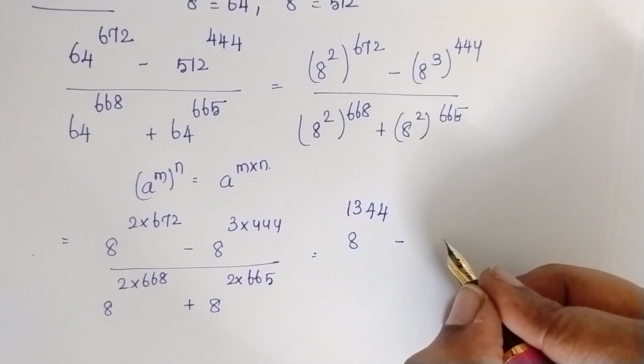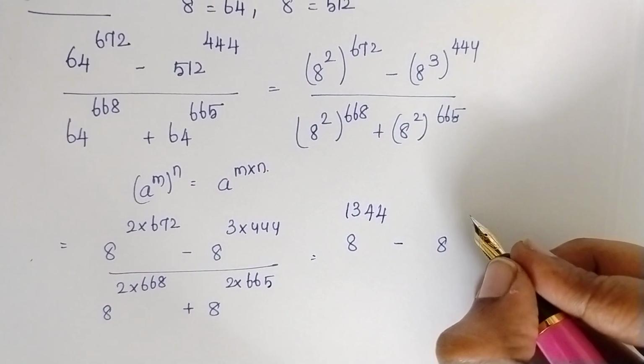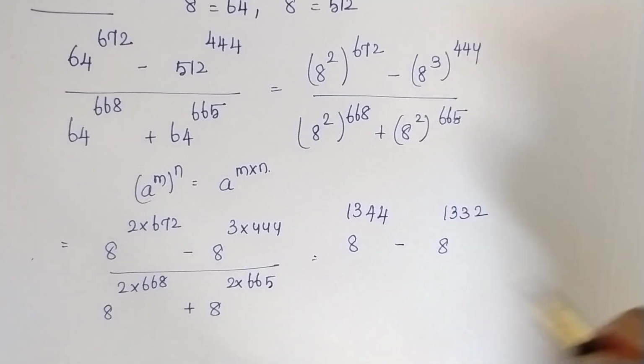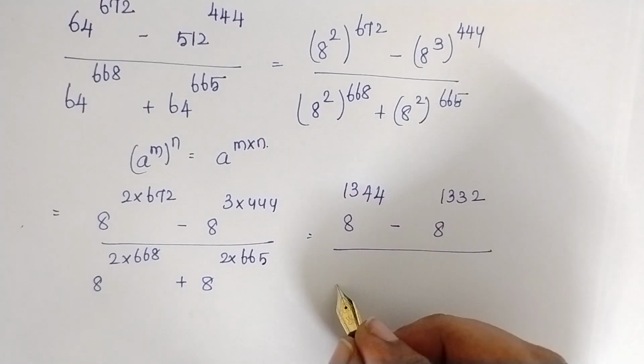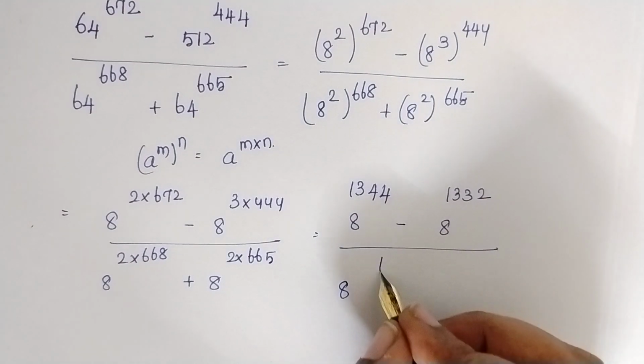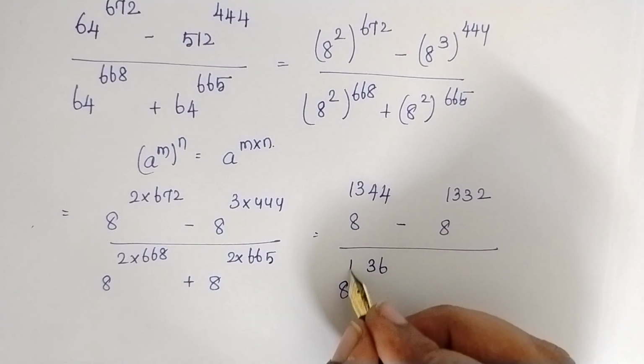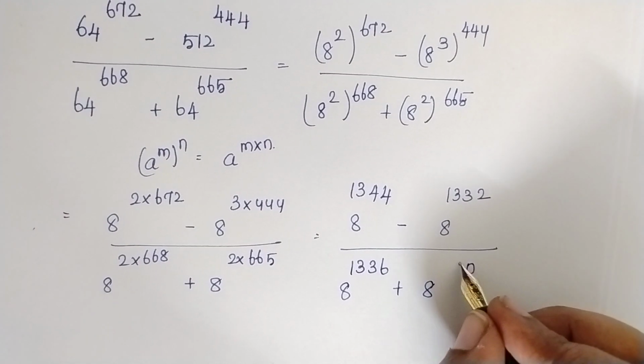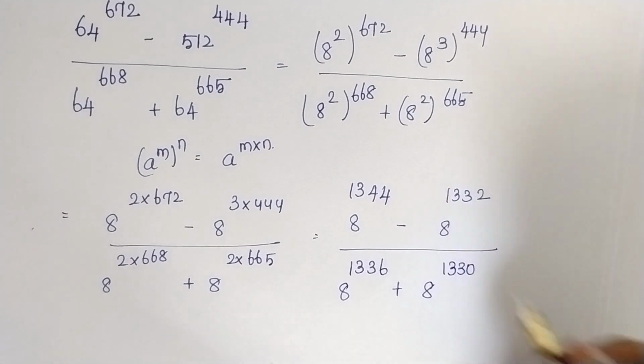So minus 8 power, here 12 balance 1, 13 balance 1, 13. Divided by 8 power, 8 twos are 16 balance 1, 3 balance 1, 1 3, plus 8 power 10 balance 1, 3 balance 1, 1 3.